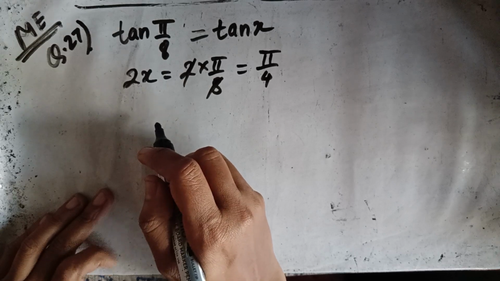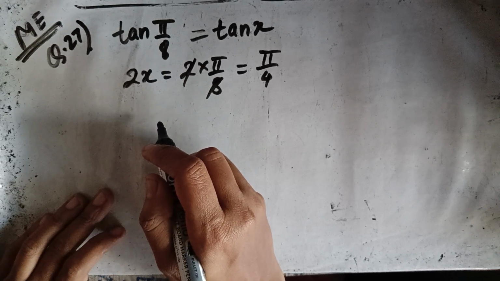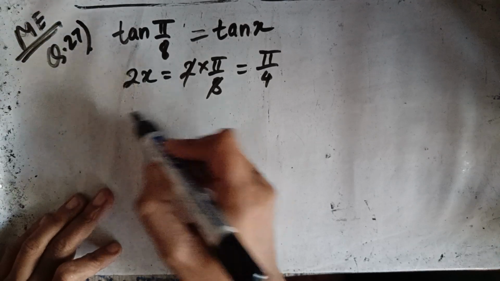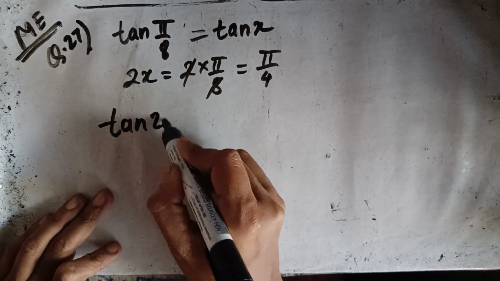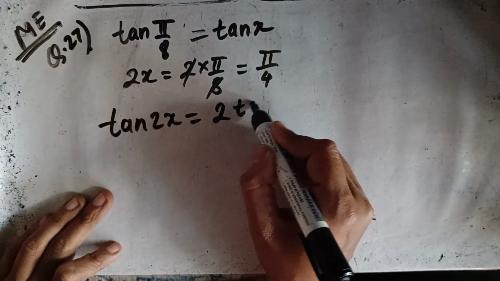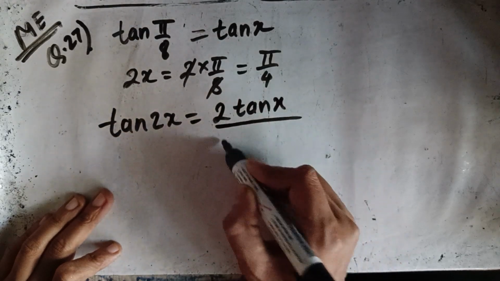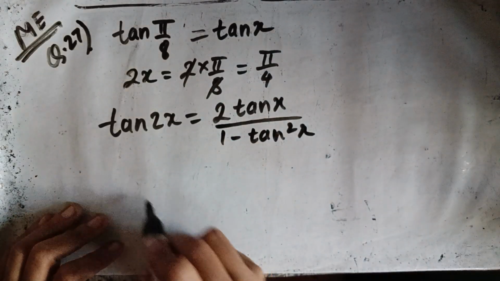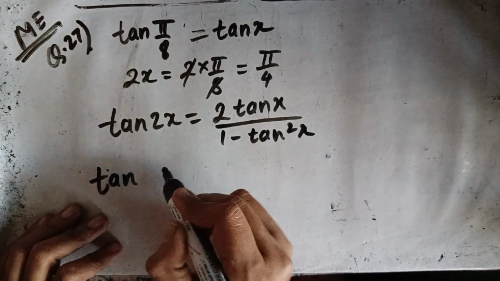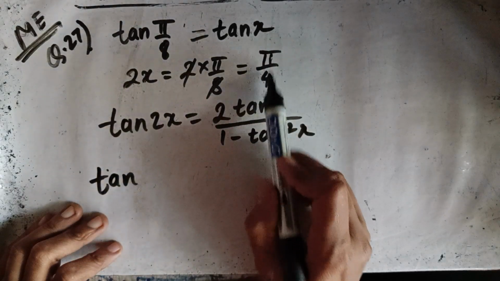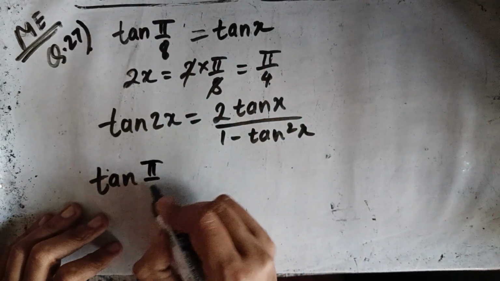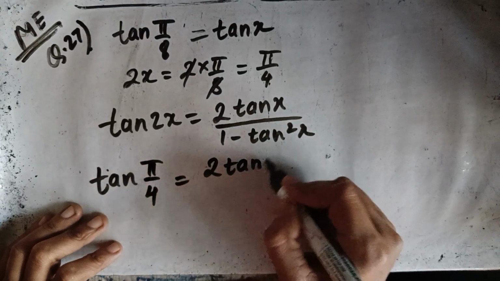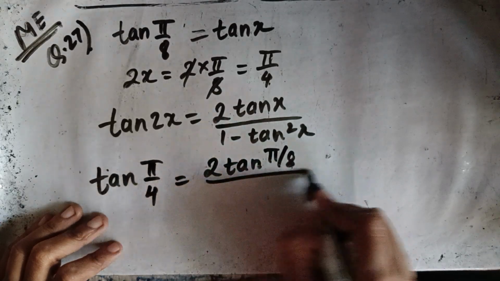So we have to use the formula for tan 2x. Tan of 2x is 2 tan x upon 1 minus tan square x. Now we have 2x as pi by 4, so here we can substitute, with x being pi by 8.